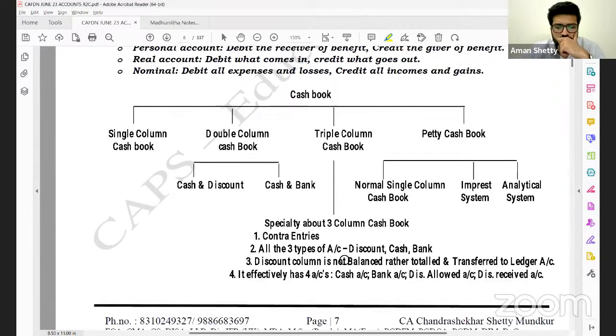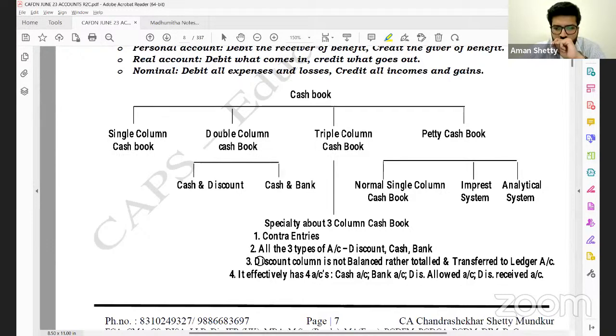Cash book: single column cash book, double column cash book, triple column cash book, petty cash book. Under double column cash book, cash and discount or cash and bank. In triple column cash book, the speciality about the three-column cash book is contra entries. All three types of account: discount, cash and bank.